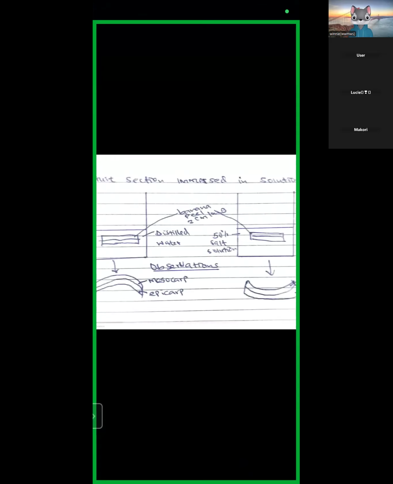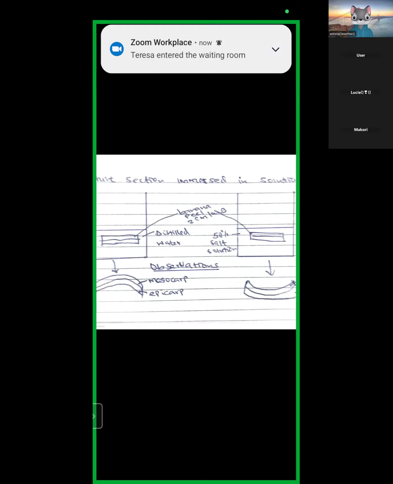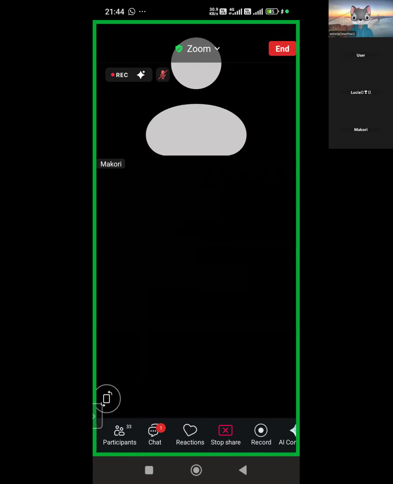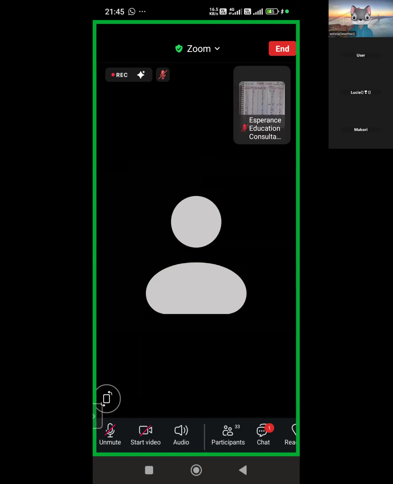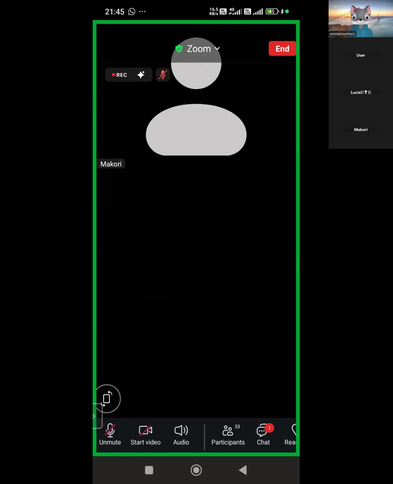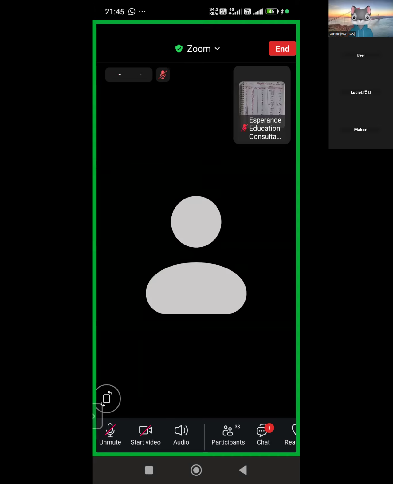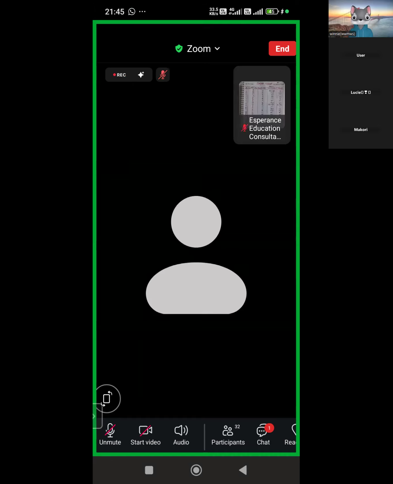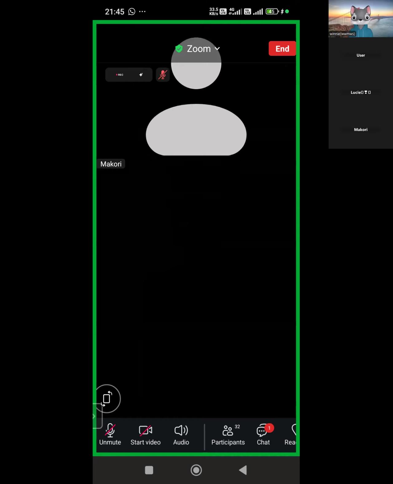I can explain it that way. The white part is the mesocarp, while the green part is the epicarp.